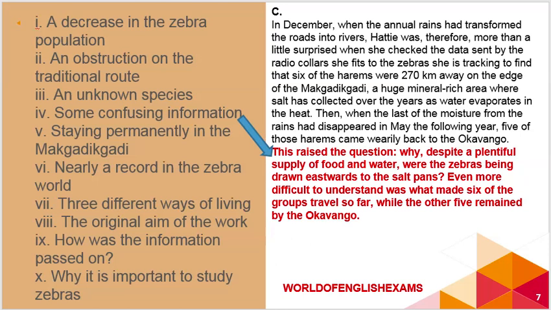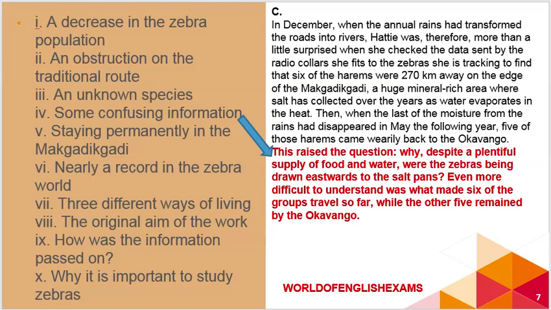Now, there is some sort of confusion. Why, despite a plentiful supply of food and water, were the zebras being drawn eastwards? Of course, Maggadkadi, as we have seen, is a mineral-rich area. Then what is making the harems come back to the Okavango? Even more difficult to understand was what made the 6 of the groups travel so far while the other 5 remained.